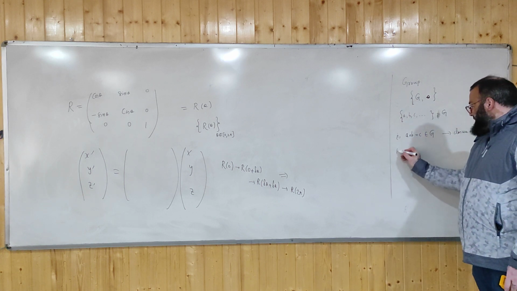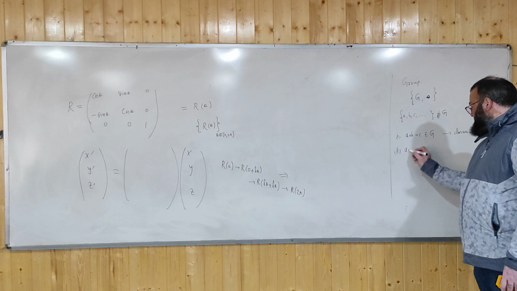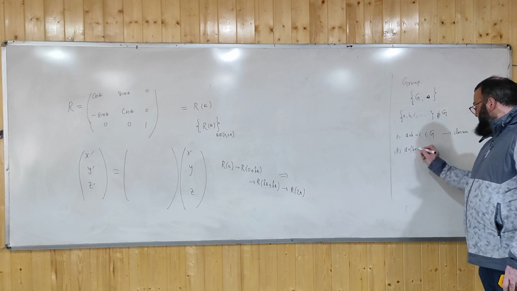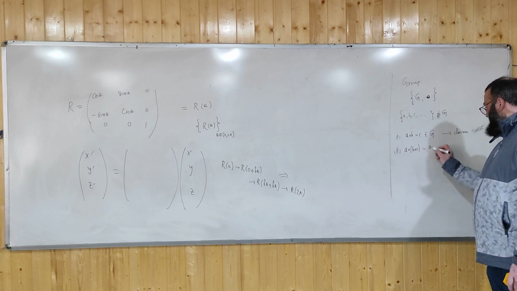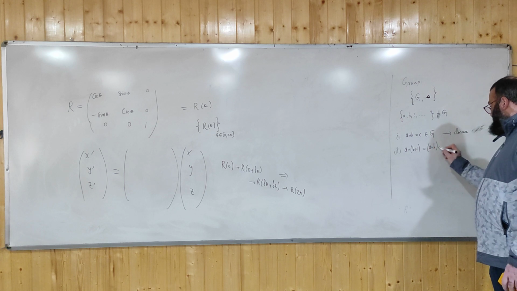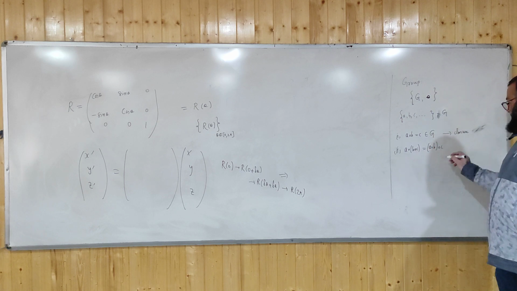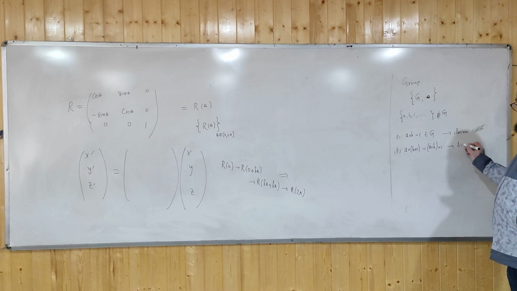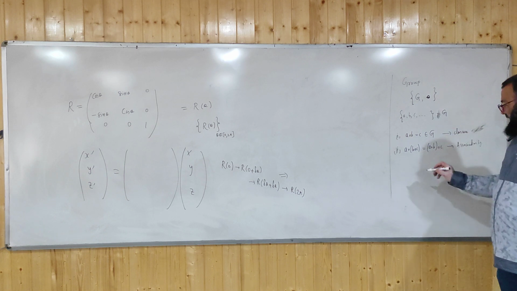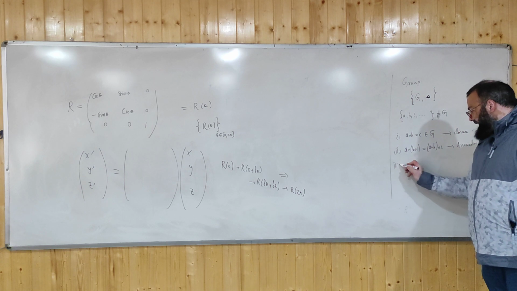Clear? Now, another thing is the associativity. You take any three elements within the group, and if this is followed, it is the associativity. Third is the existence of identity.